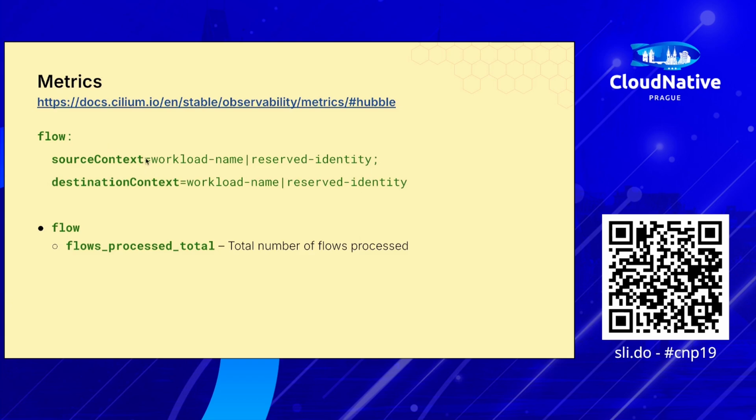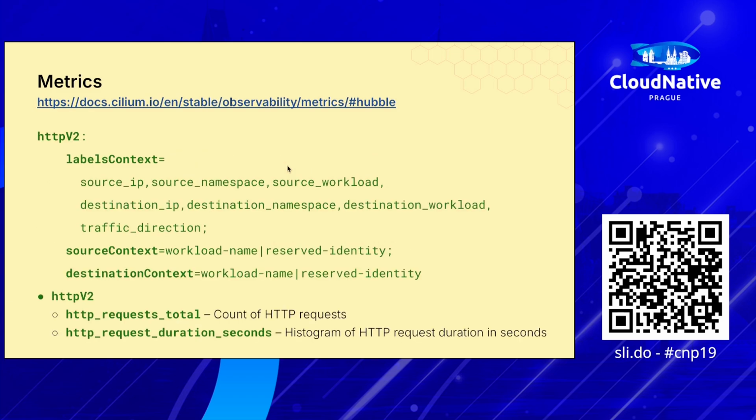So, for example, here we want to see the workload name, but if we don't have a workload name, we want to see the reserved identity. For example, the workload name can be the name of a pod within my cluster, but if that's traffic going to outside of the cluster, we would see an identity, for example, world, going to the outside world.